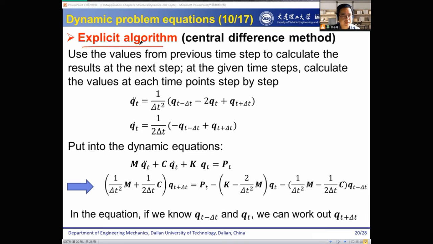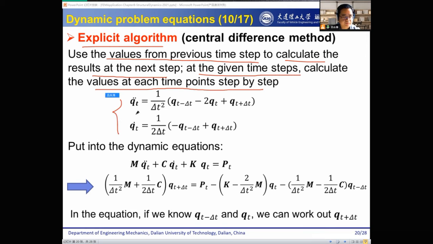Okay. So for the explicit algorithm, we use the value from the previous time step to calculate the results at the next step. At the given time step, we calculate the value at each time point step by step. This gives you the example.